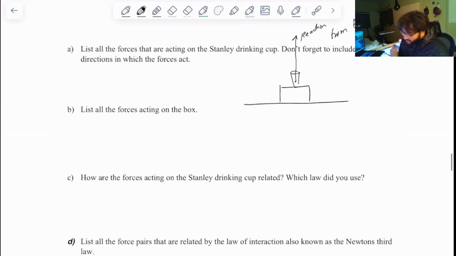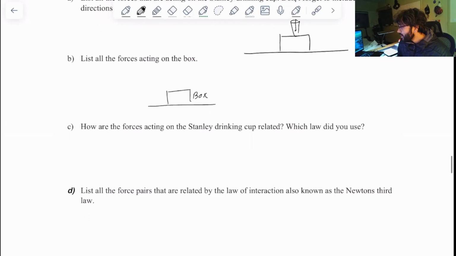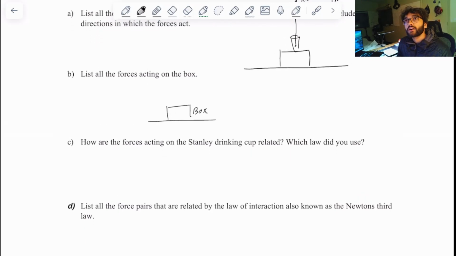Part B of this question is: list all the forces acting on the box. If this is the box, again, it is nice to imagine yourself as the object in discussion. What are the forces acting on you? When you were a Stanley Cup, the reaction you were getting was from something you were sitting on. Now, as the box, you're sitting on the ground, so first of all you will get the reaction from the ground on the box.